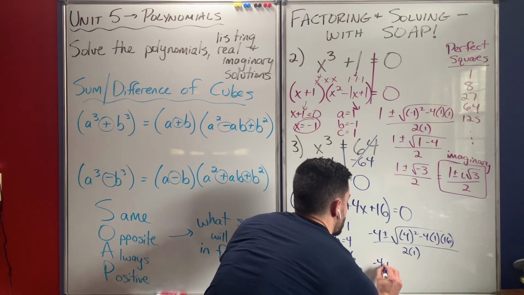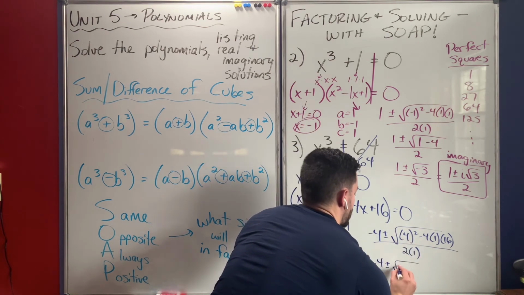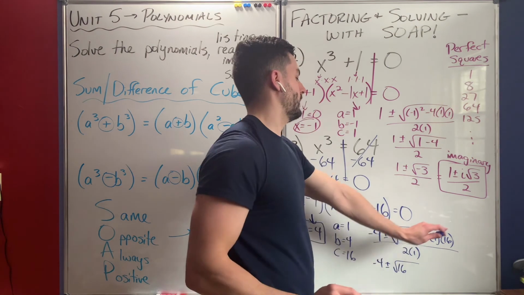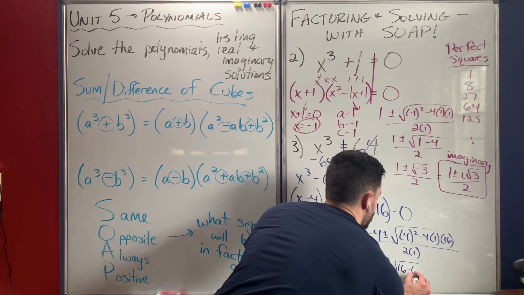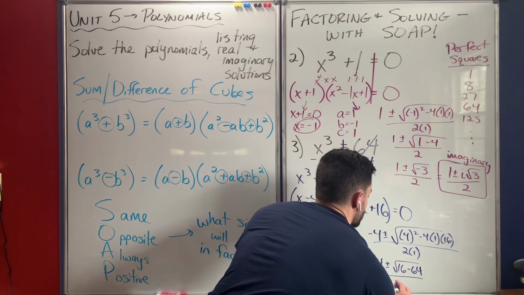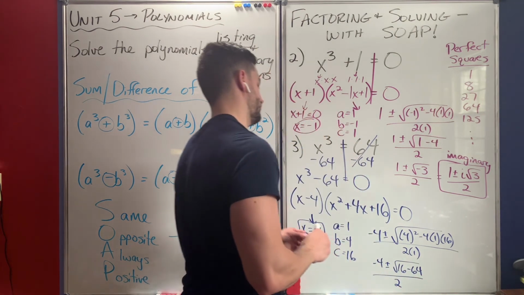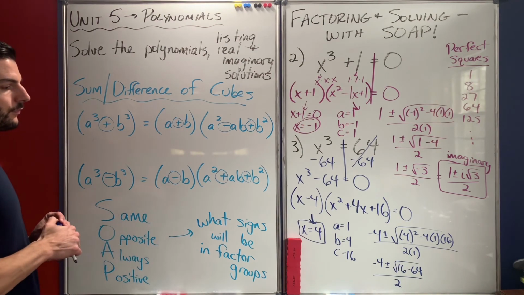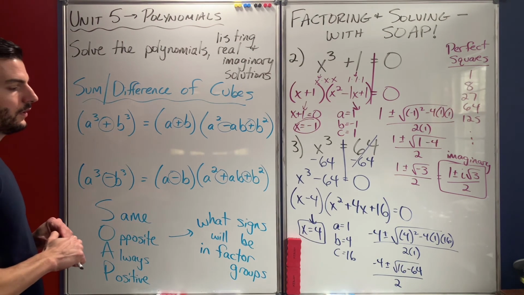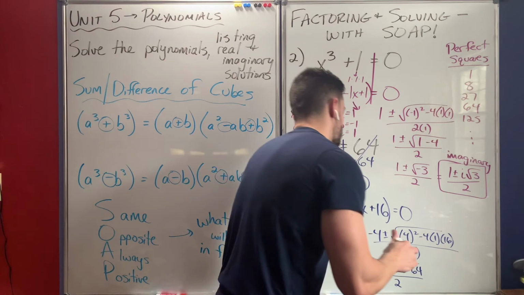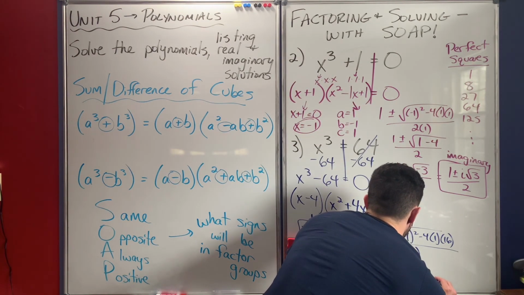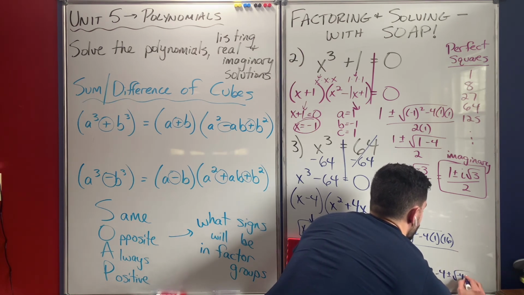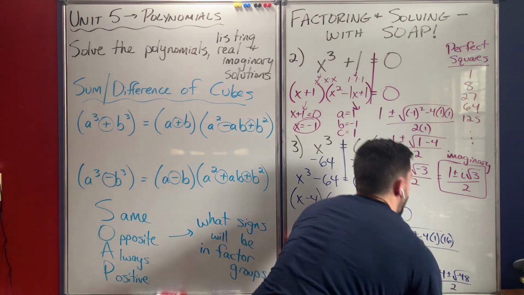So negative 4 plus or minus 4 squared is 16. 4 times 1 times 16 gives you negative 64 over 2 times 1 is 2, okay? And then you subtract, right? So 16 minus 64 ends up giving you negative 48. Okay, so it'd be negative 4 plus or minus square root of negative 48 over 2.